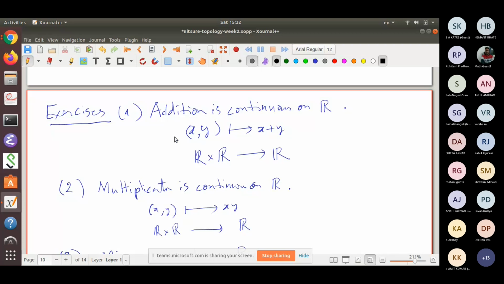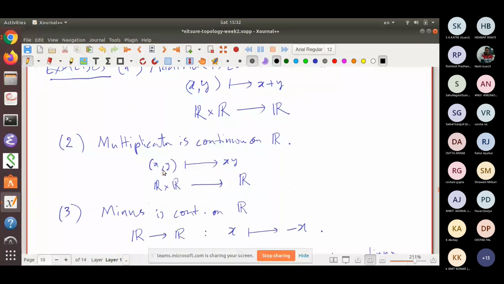You know this fact, by the way, that if X is a discrete space and Y is any space, then any map from X to Y is continuous. You know this? If you don't know, then the tutors please note and ask somebody to prove it in a tutorial. Okay.